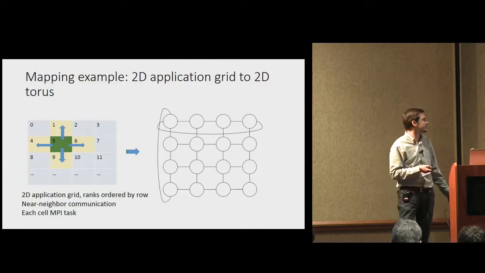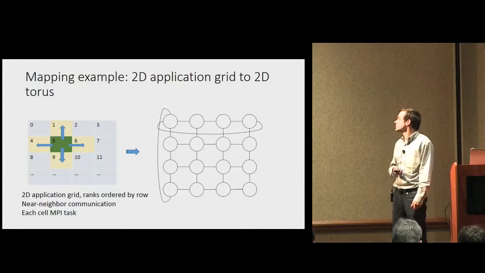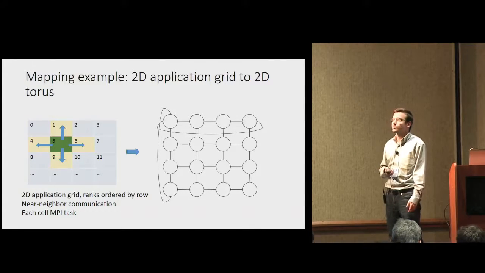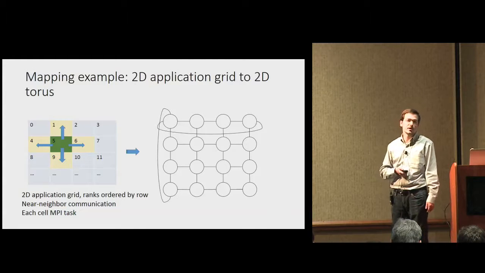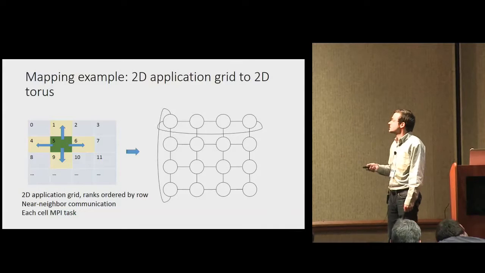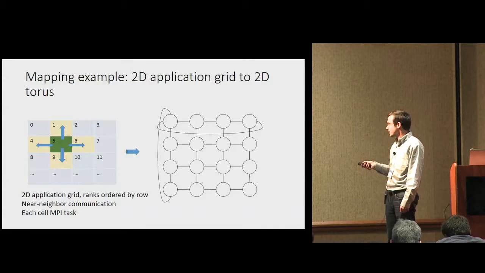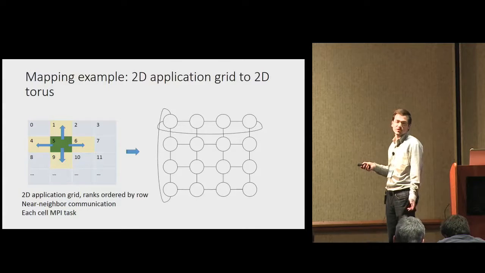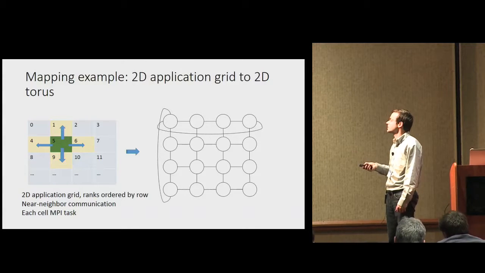First off, I'm just going to show a very simple example of why topology mapping is important. You can extend this to n dimensions, and the same applies. Assume we have a 2D application grid where the cells, which are MPI tasks, communicate with their 4 nearest neighbors.